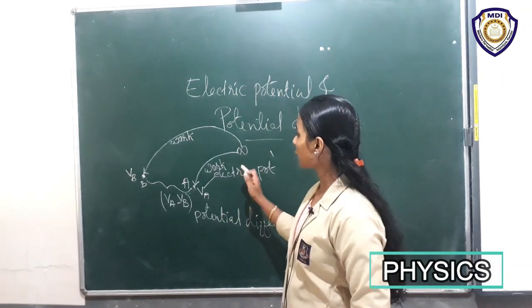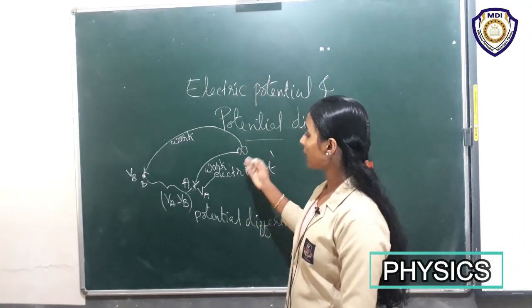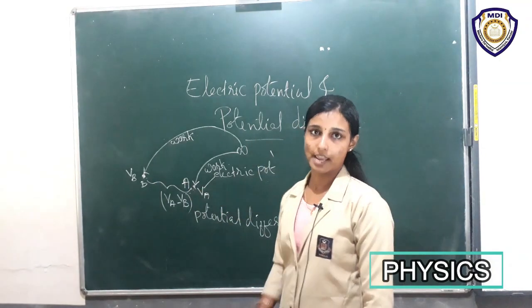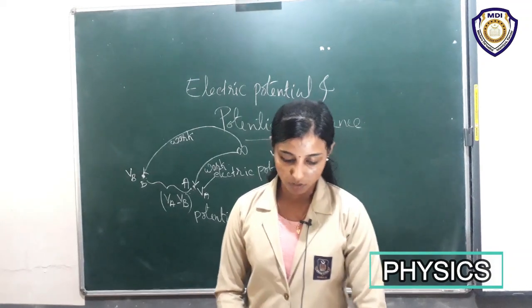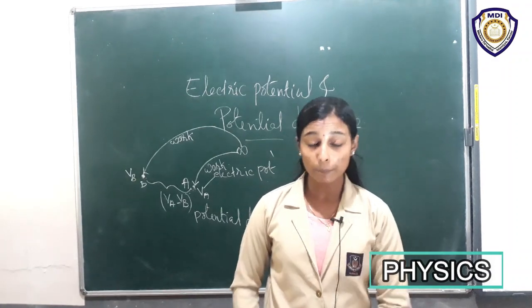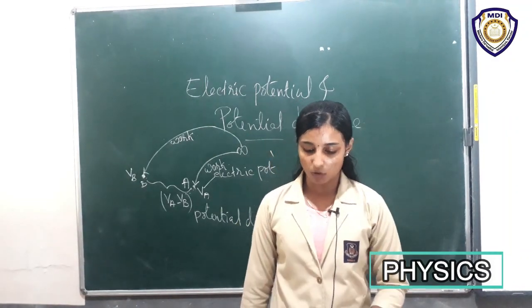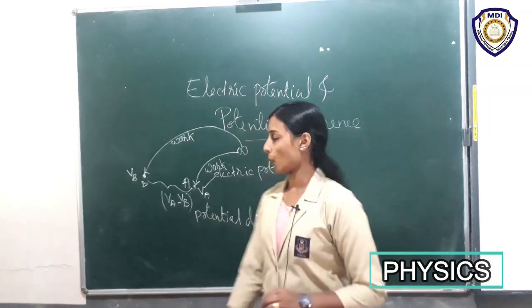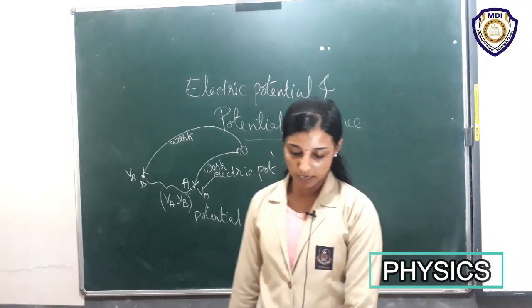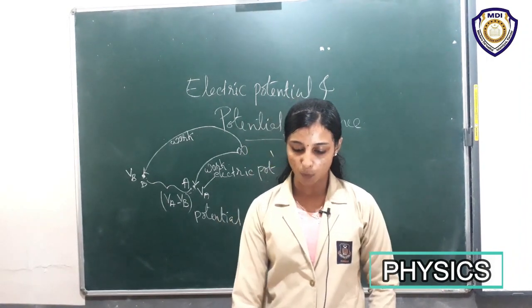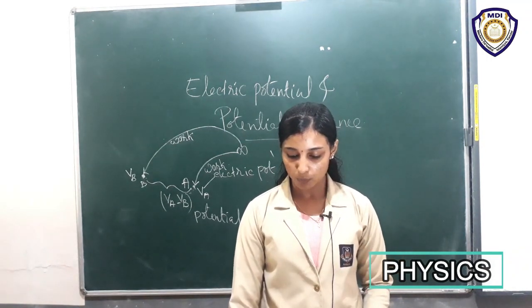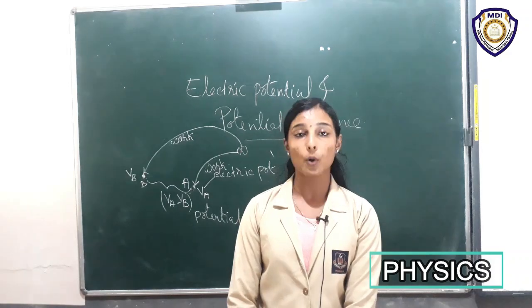But the electric potential at A means the work done to bring a charge from infinity to that point A. Now you just read the definition of potential difference. We define the potential difference between 2 points A and B in an electric circuit carrying some current as the work done to move a unit charge from one point to another.